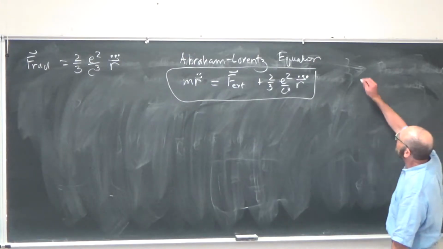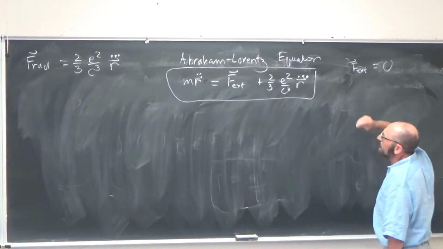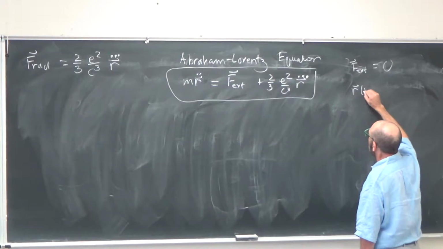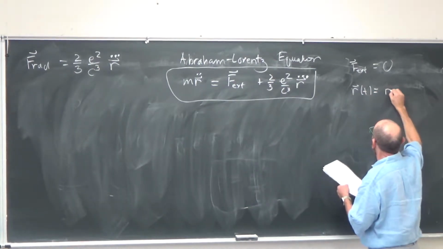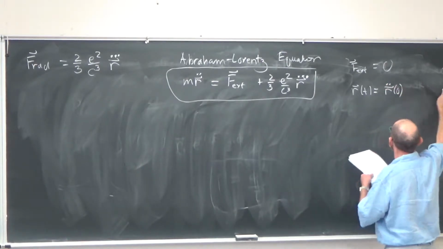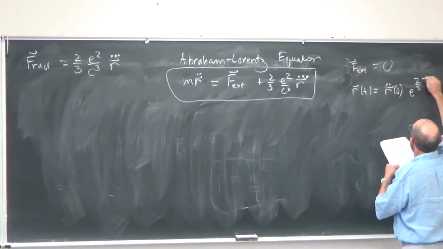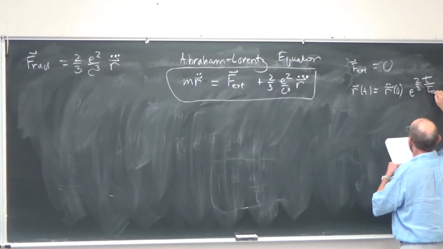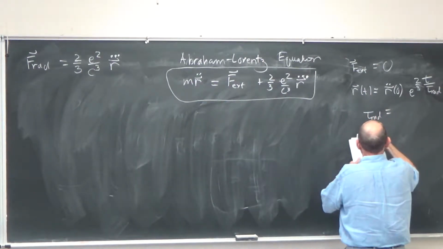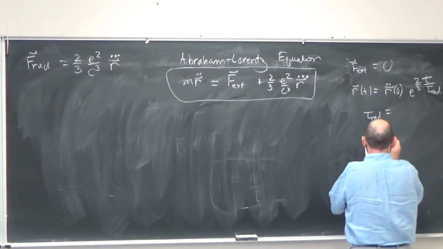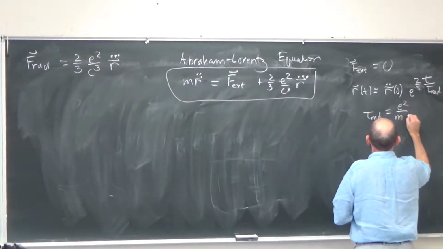For example, I can set the external force to be 0, and a solution to this equation is a equal to whatever the initial acceleration is at time equals 0, times e to the t over tau rad, which I'll explain in a moment. I forgot to go over our scales. Tau rad is equal to 2/3 e squared over mc cubed.